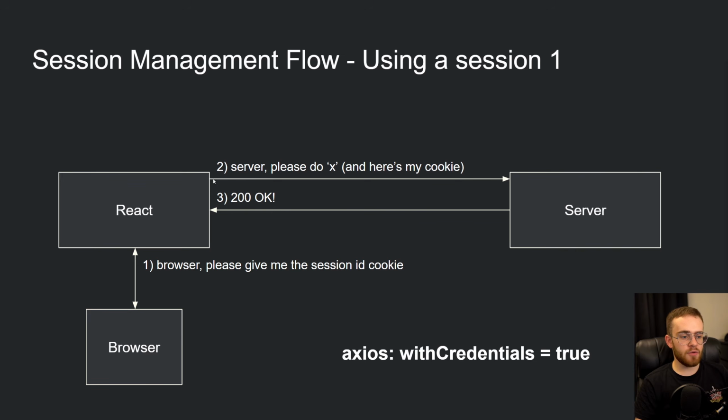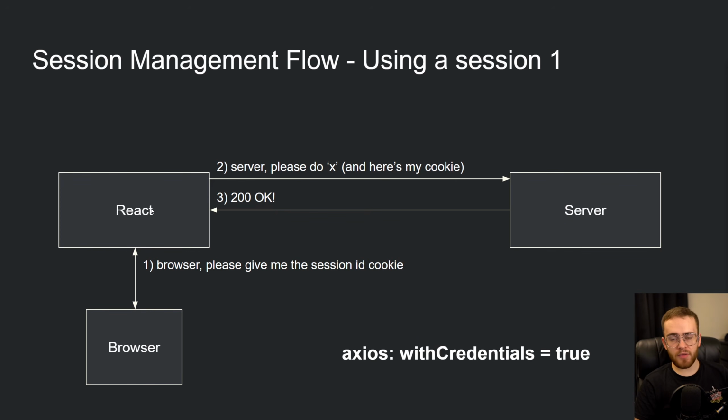You make a request to the server, and it attaches that cookie with the request. The server receives that request and processes it, and based on that session ID cookie, the server is able to identify that it's, for example, John making this request, and it can then send the data back to React.